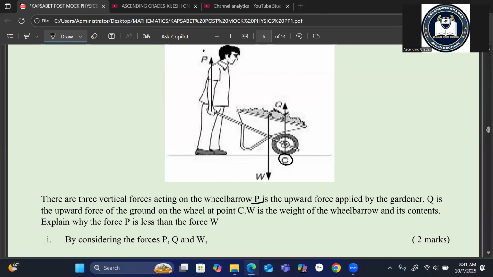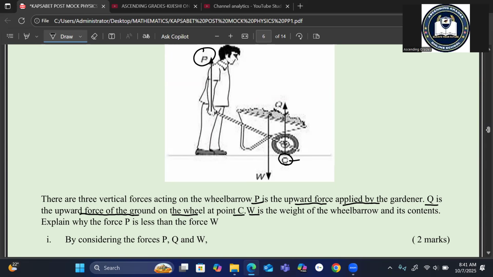We have P, this one, acting upward. It is applied by the gardener. We have Q, the upward force of the ground on the wheel at point C. This one.